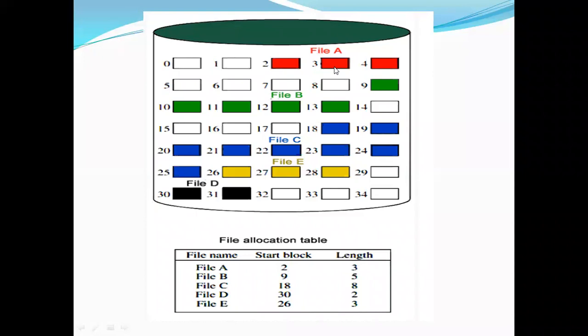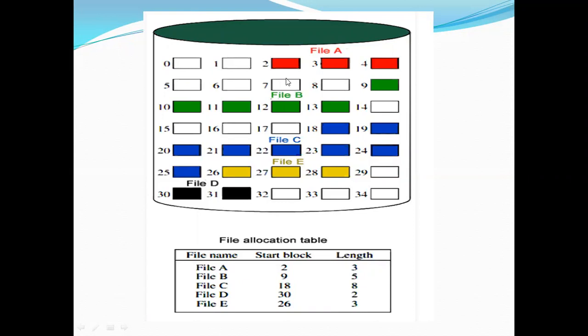After that, the next upcoming block is allocated to file B. If the ith block is allocated to file A, then the i plus 1 block is allocated to file B. File B need not start from the fifth block; it can start from the ninth, eighth or sixth block, but it is arranged sequentially.